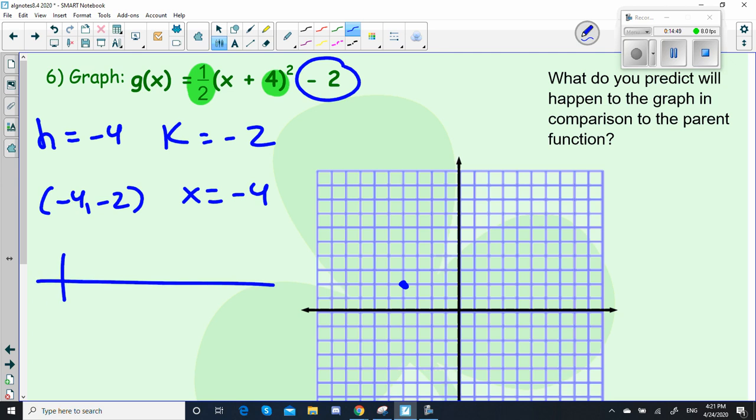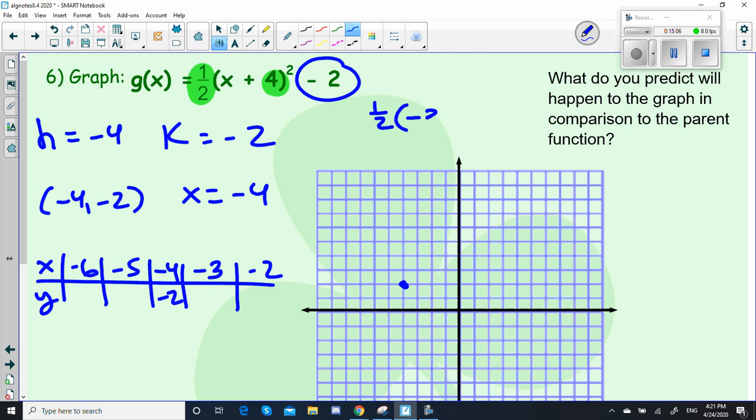All right, so let's make our table. Up 1, -3, up another, -2, back 1, and back another. And we're just plotting in here into this x. So 1/2 times (-3 plus 4) all squared, minus 2. I'm going to use my calculator.